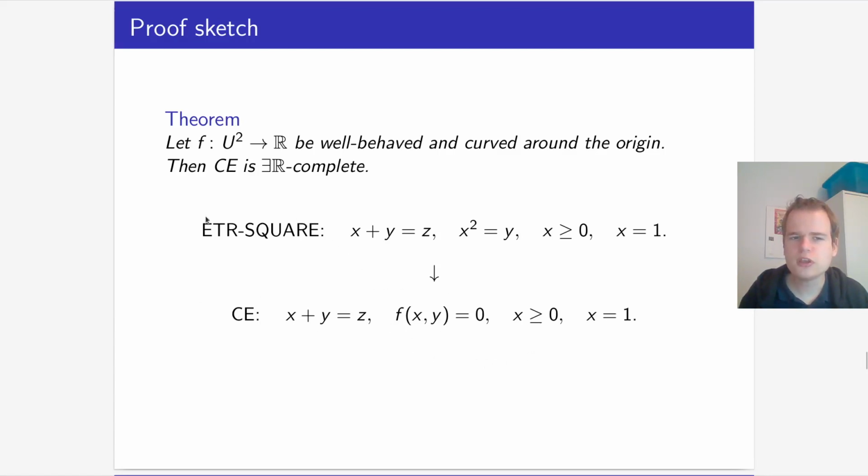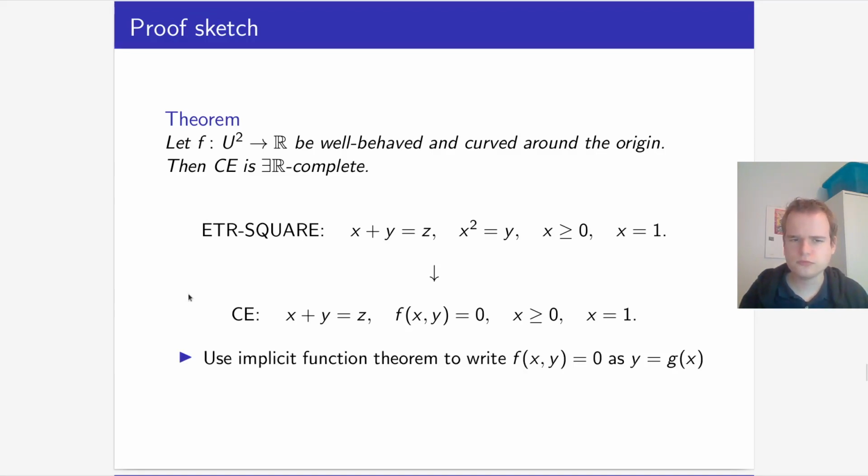But before we perform this reduction, we replace the CE problem by a very similar, actually equivalent, problem which resembles this squaring problem a bit closer. The way we do this is first by taking this nonlinear constraint and using the implicit function theorem to write it in an explicit way in a neighborhood of the origin.